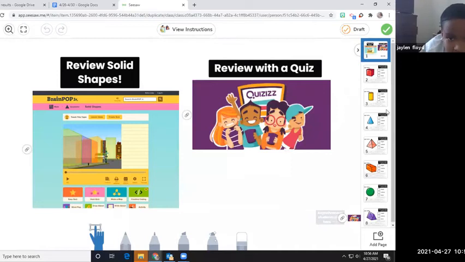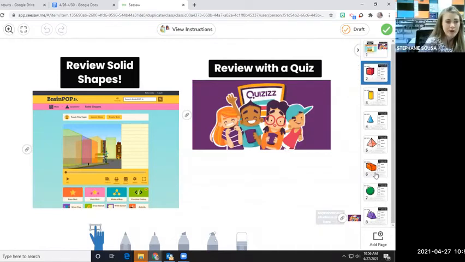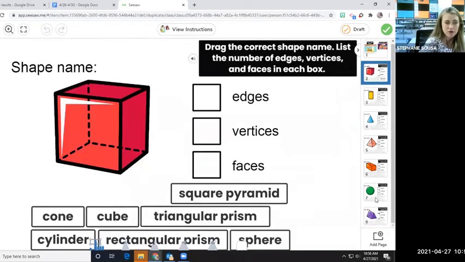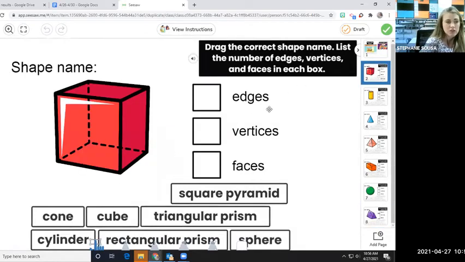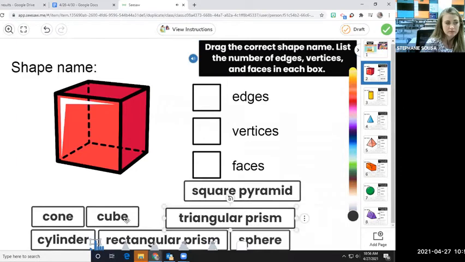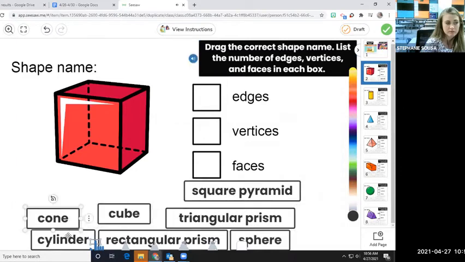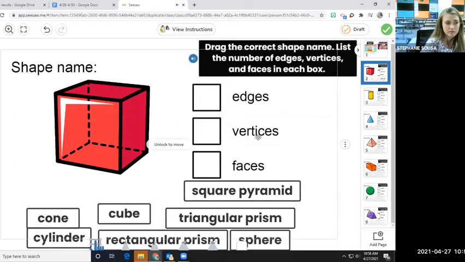Okay. On slides 2 through 8 is your test. So your test has 7 questions. On each slide, the directions appear here and you can listen to them as well. Drag the correct shape name. List the number of edges, vertices, and faces in each box.